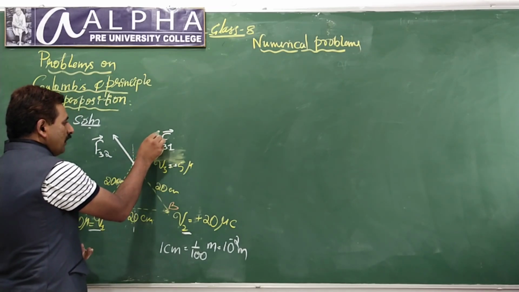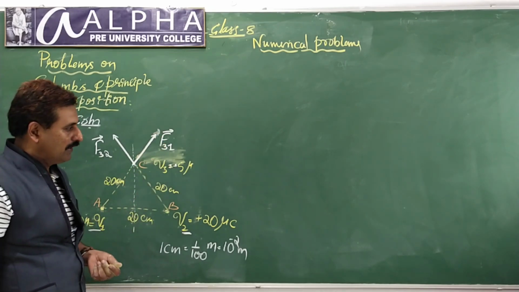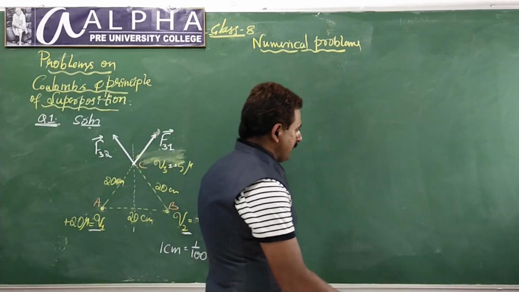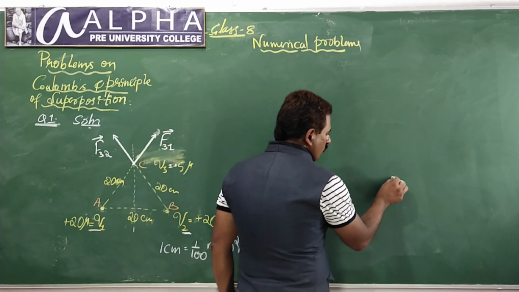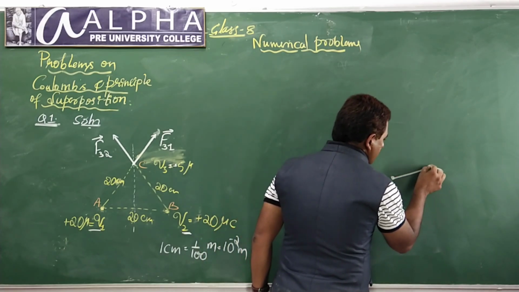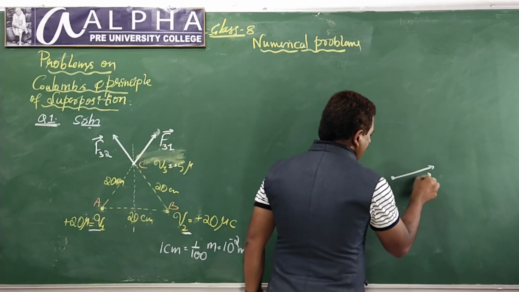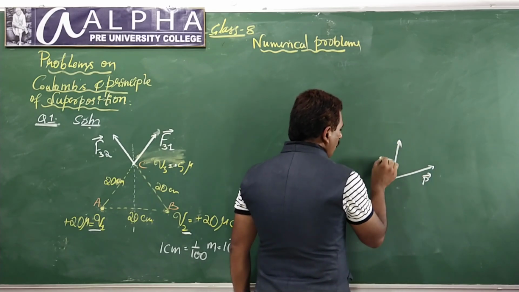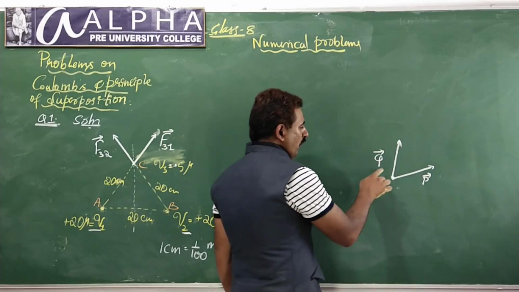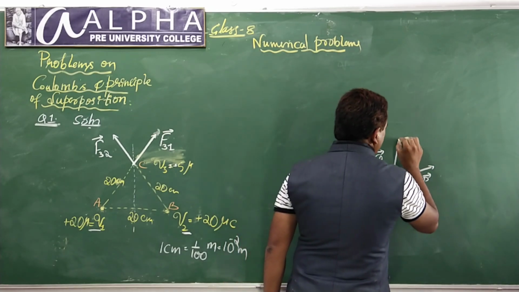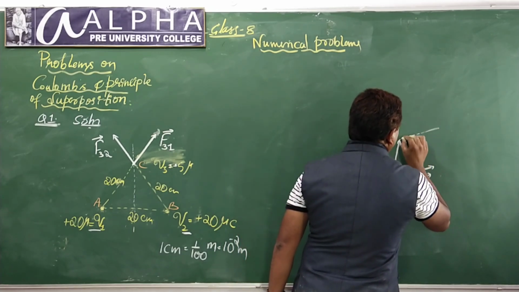That you learned last year in vector addition. What did you do in vector addition? If you consider two forces acting in two different directions on a body, say P and the other one Q, how did you find the resultant? You found the resultant by adding these two vectorially. What is vector addition?